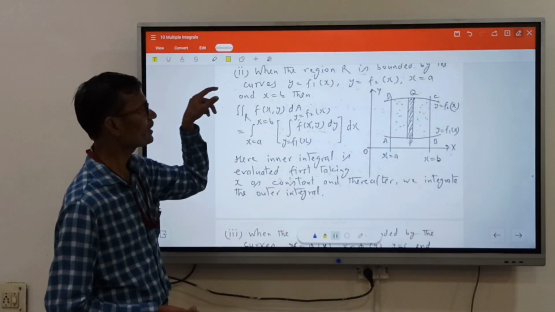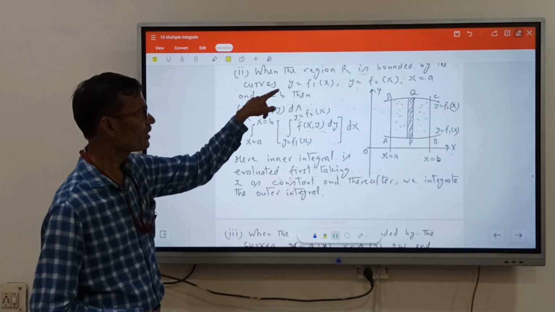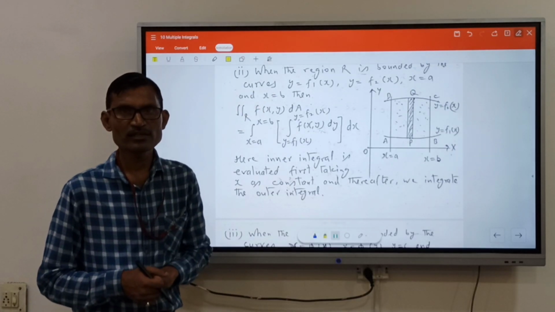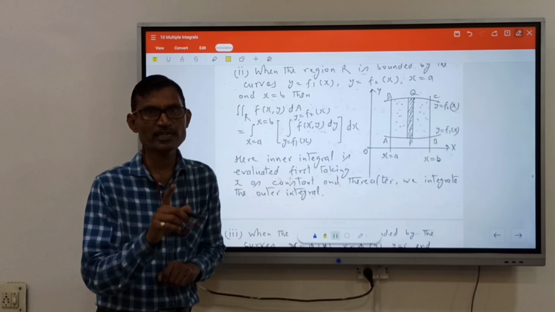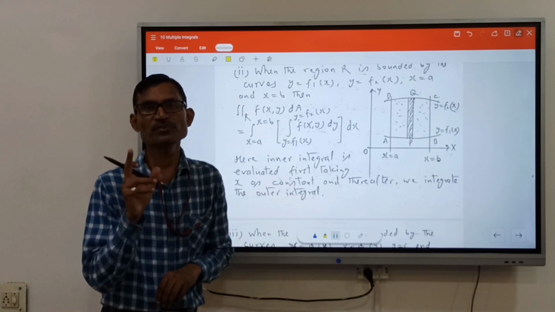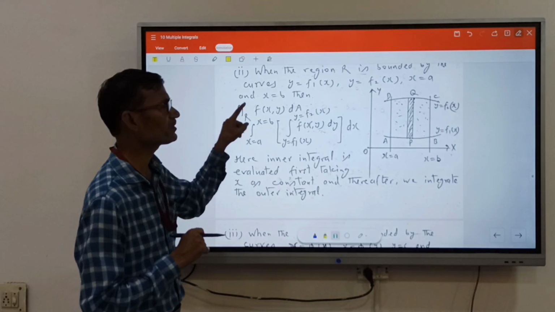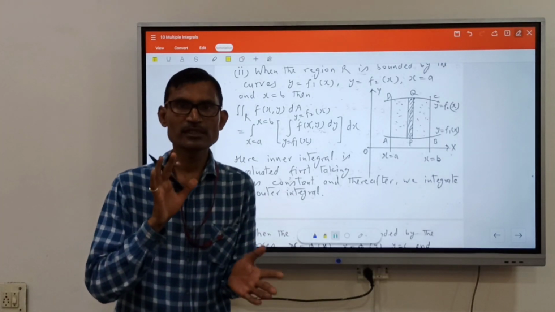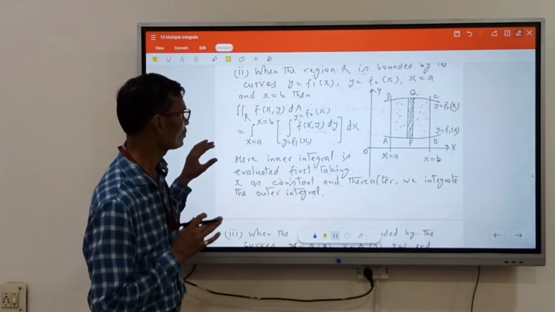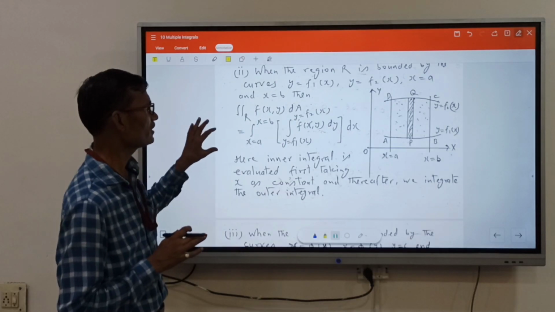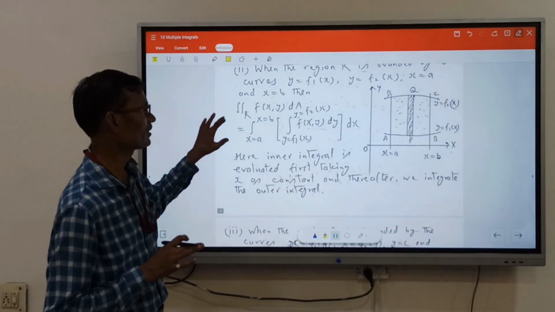Here we can easily see that the limits of y are variable. So we will integrate the function f of xy with respect to y first, and since the limits of x are constant, we will choose it in the latter step. The whole thing is summarized here like this.